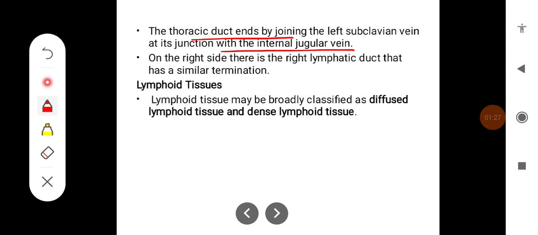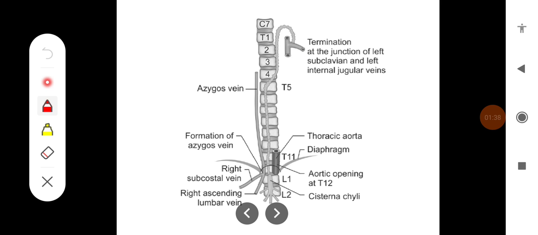On the right side, it is the right lymphatic duct that has a similar termination. Lymphoid tissue may be broadly classified as diffuse lymphoid tissue and dense lymphoid tissue. So this is the diagram of how the lymph vessels ultimately drain into the left subclavian and left internal jugular veins.